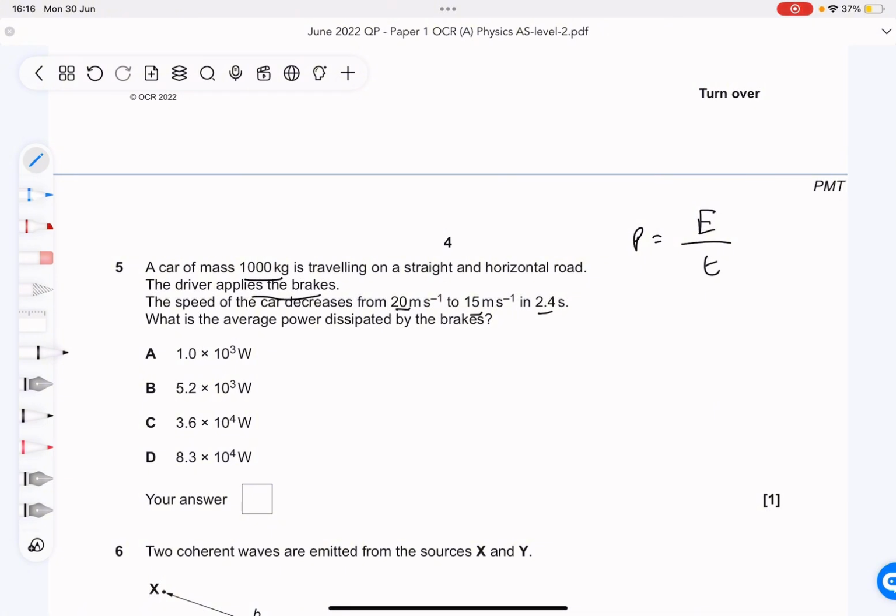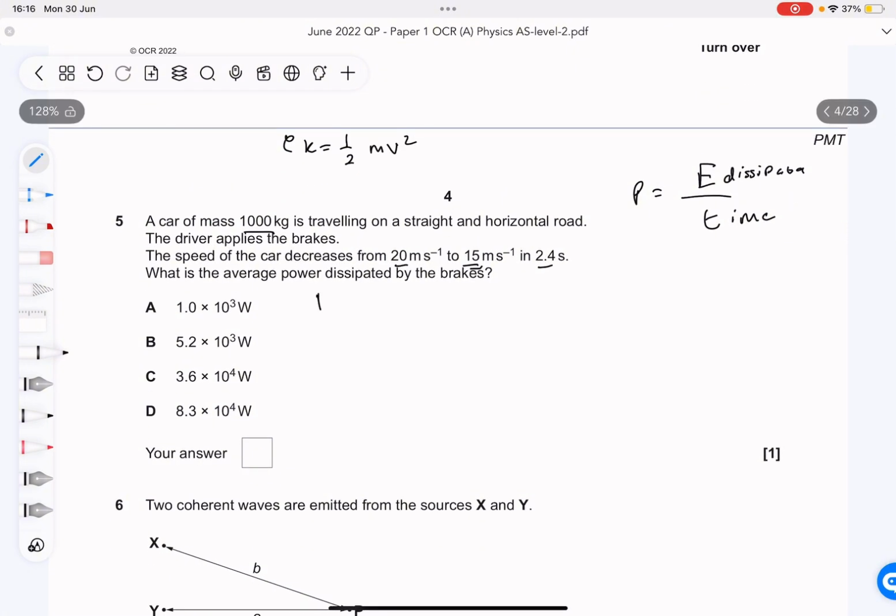If I want the power dissipated, that's the energy dissipated over the time. Now, how can I find energy? Well, I can find the kinetic energy here because I've been given speeds and a mass, and EK equals a half mv squared.